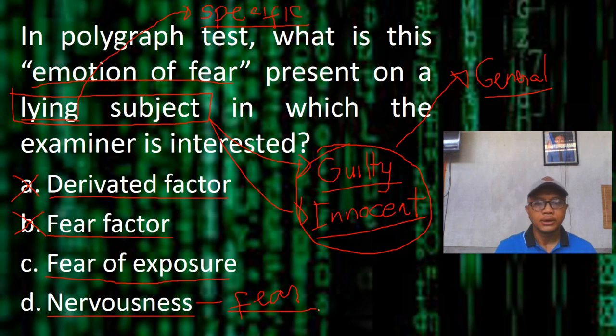For example, the fear that possibly the machine will not work and will cause a false positive or false interpretation, or whatever situation causing fear on the person. All of us feel certain fears. So therefore, nervousness is a general concept of fear. So therefore, this choice is general.